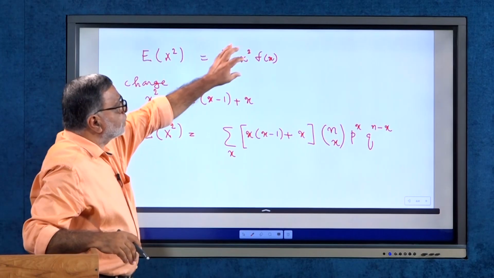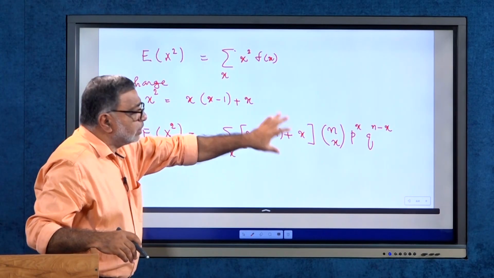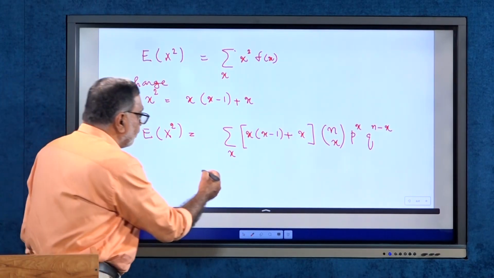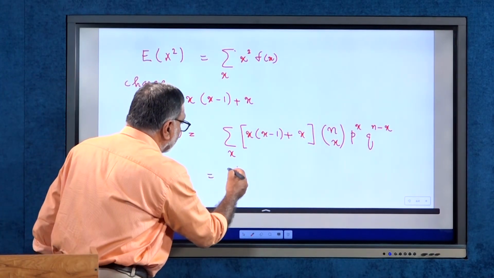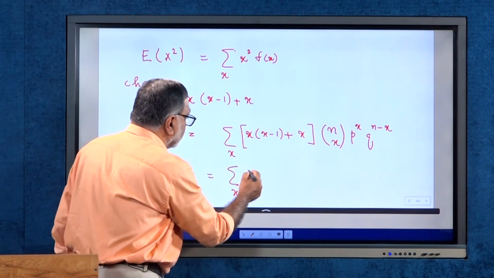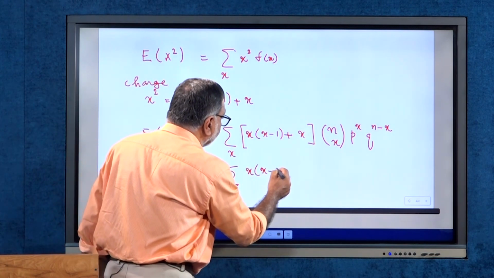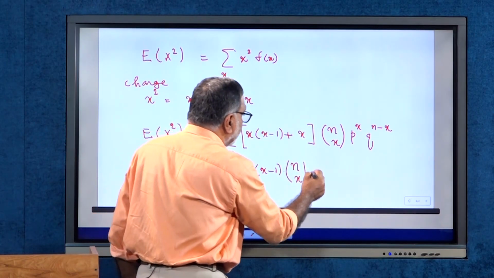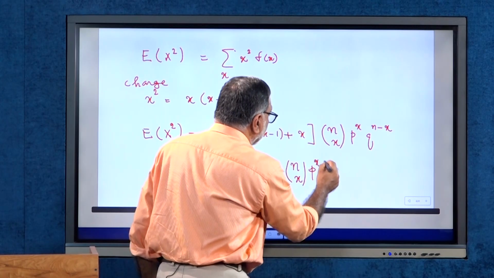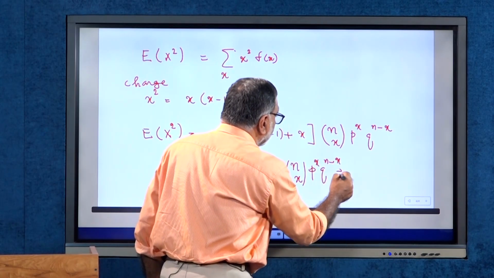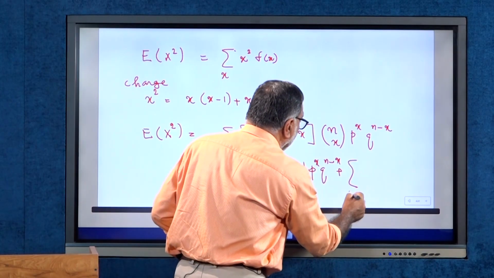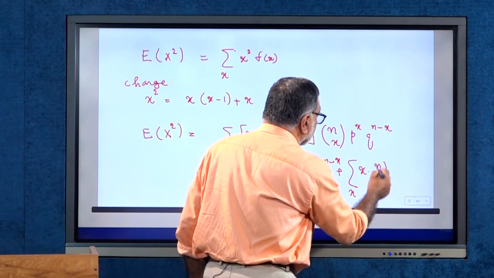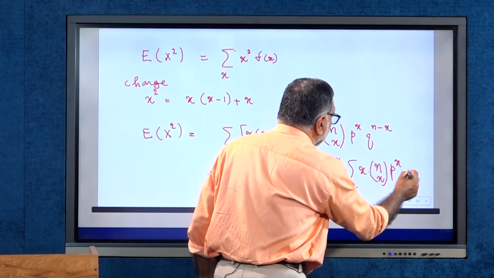So, instead of this x squared factor, we are writing x squared as x(x-1) plus x. And simplifying, make this as two terms: you have sigma over x(x-1) nCx p^x q^(n-x) plus the second term, sigma over x into nCx p^x q^(n-x).